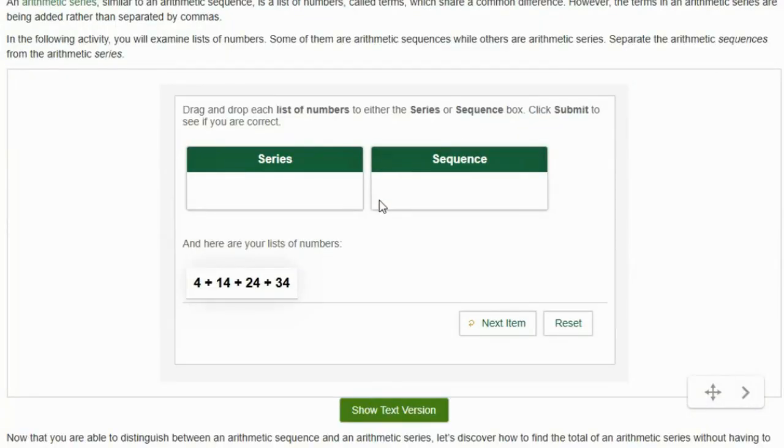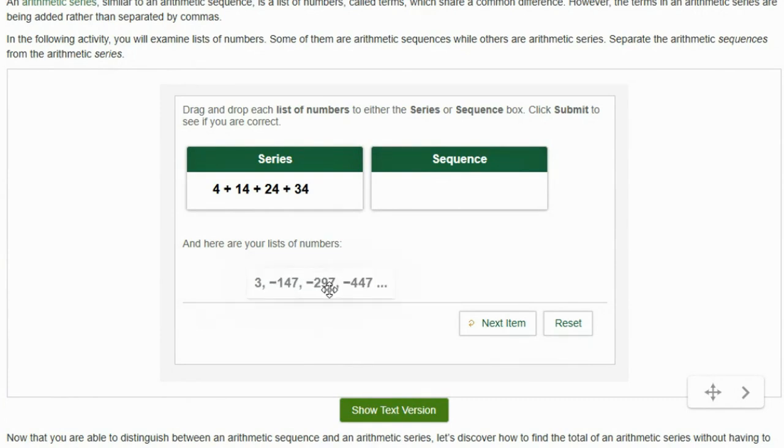So here they want to make sure you know the difference between a series and a sequence. So let's look at these numbers. 4 plus 14 plus 24 plus 34. This is a series because it's being added. 3, negative 147, negative 297. And you see the subtraction there, but there's a comma.